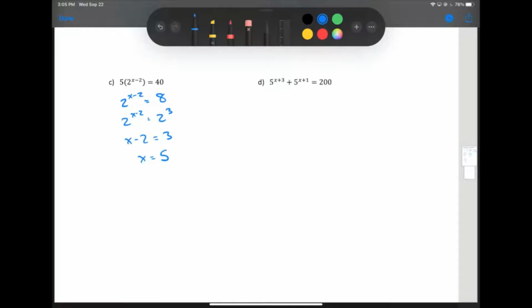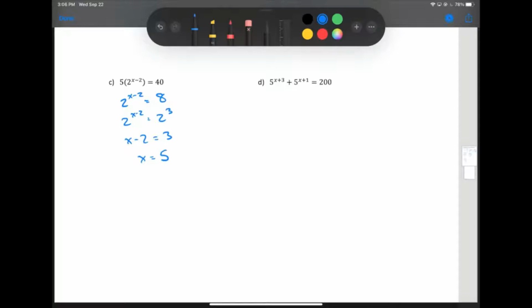All right, part D. These are the ones that are usually done really poorly on tests. Because again, people forget how exponents work. There's a couple of ways you could do this. I'm going to show you what I think is a nicer way of explaining it, but not necessarily the shortest way. And you remember that if you're multiplying 2 exponents or 2 powers with the same base, then you add exponents.